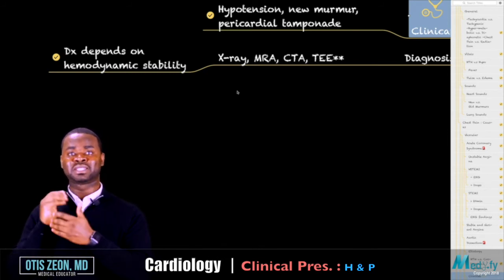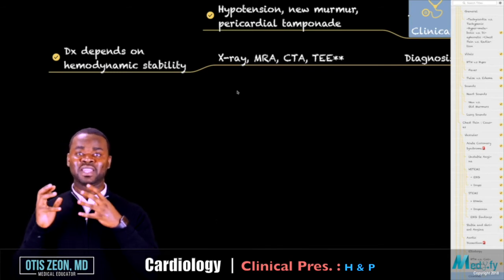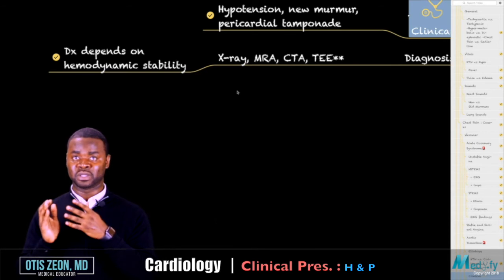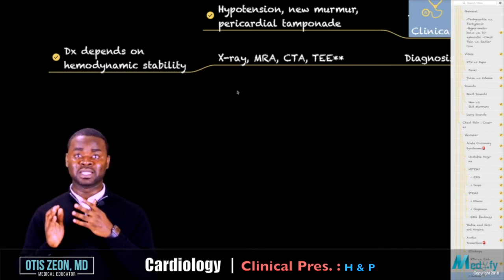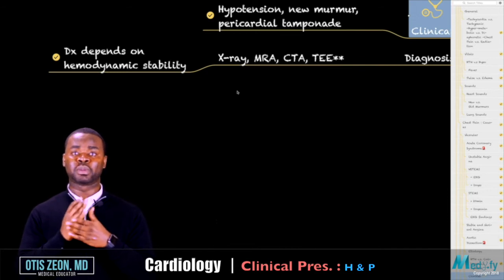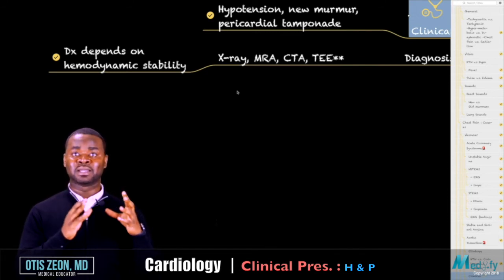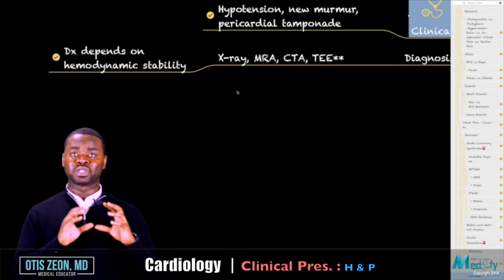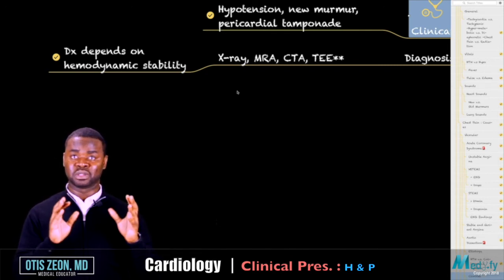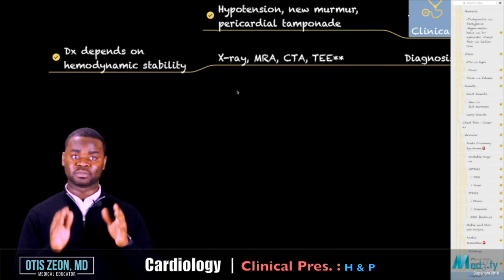The more hemodynamically stable a person is, the less invasive and less expensive the method you will use to see if they have aortic dissection. The more hemodynamically unstable they are, the faster the method you need to use so that you can do something about it. Because it is said that people with aortic dissection have a mortality rate on the order of 2% per hour. So that's very, very important.